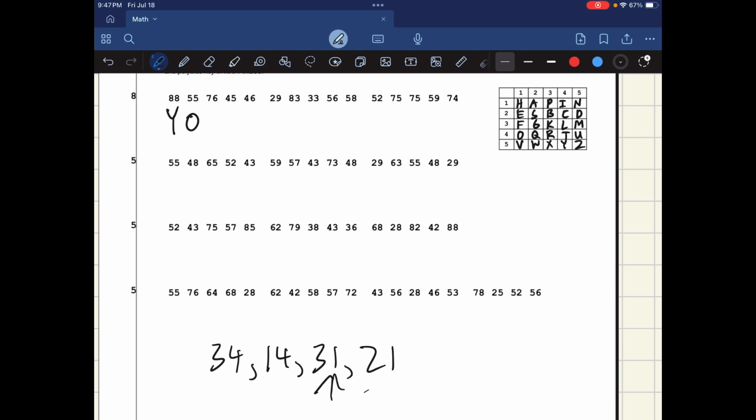I do 76, the next ciphertext, minus 31. That gives us 45, which corresponds to the letter U. Then finally, we shift our left index finger to 21 to keep track of the keyword again. Then we do 45 minus 21, which gives us 24, which corresponds to C.